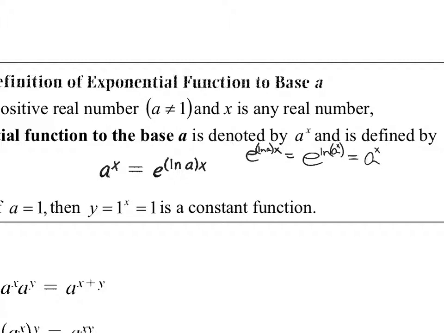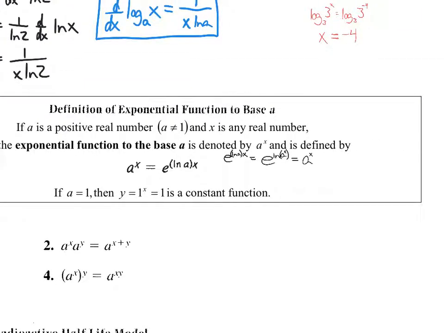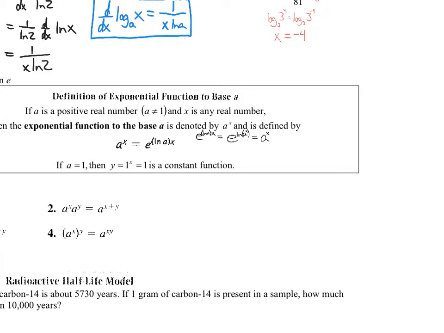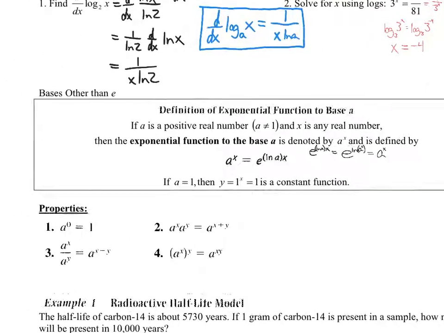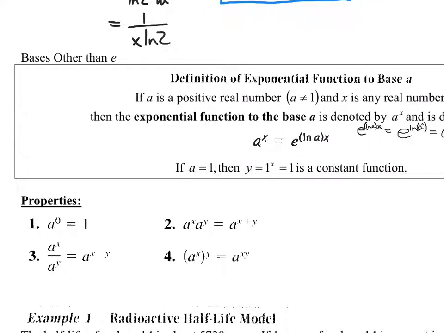Now, seeing this is important as we look to take derivatives, okay? Now, there are a couple of other properties I want to make sure that we remember. Remember the properties: if you raise something to 0 power, you get 1. If you're multiplying things with the same base, you can add the exponents, so it's x plus y.